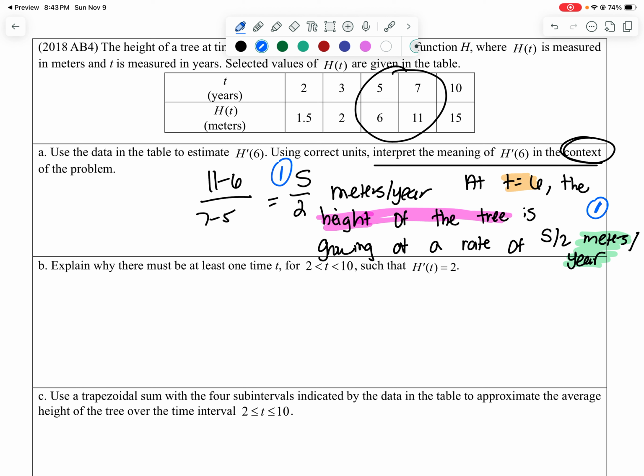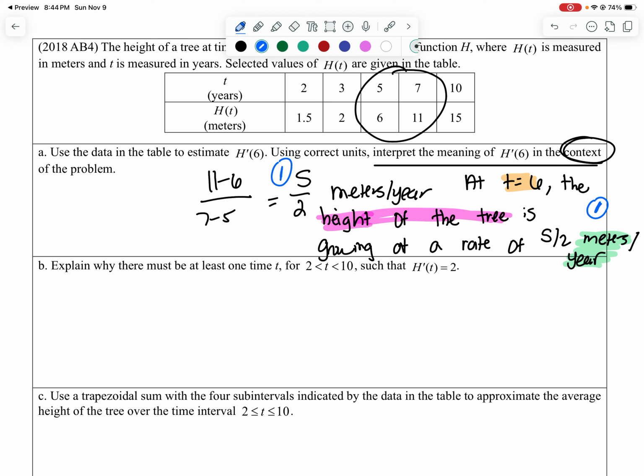And then a couple of us forgot to mention the conditions for MVT because, of course, you kind of need the conditions here. You need to state them. So the first thing that you always want to do is state your conditions. And of course, remember, you have to be specific. In this case, it's going to be h of t. And of course, this is where you need to tell me that I should not see any limits.